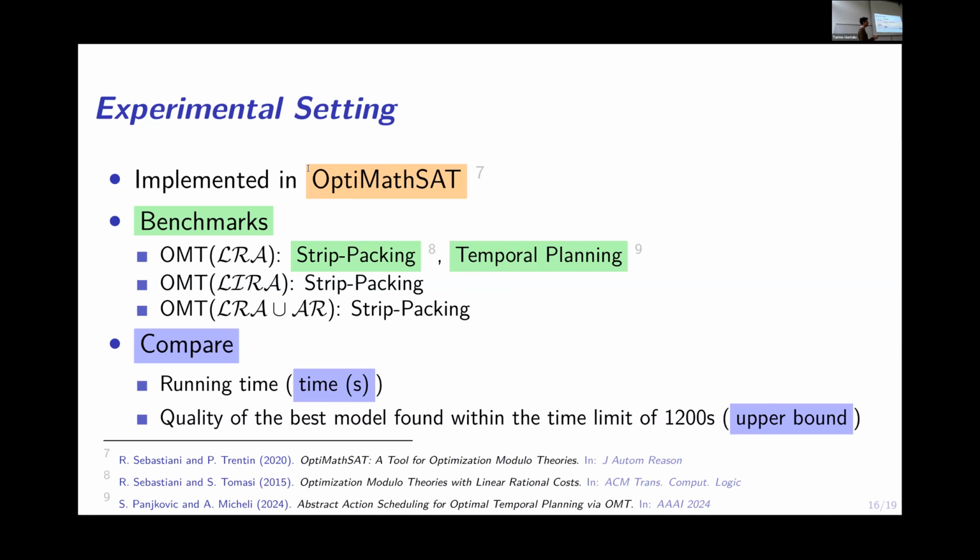And we compare the different truth assignment reduction strategies in terms of running time for optimum solving, but also for the instances that time out, we get the best model found within the time limit of 1200 seconds, and compare the legacy OMT schema with the different truth assignment reduction strategies in terms of the upper bound.